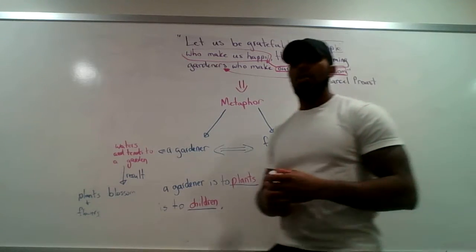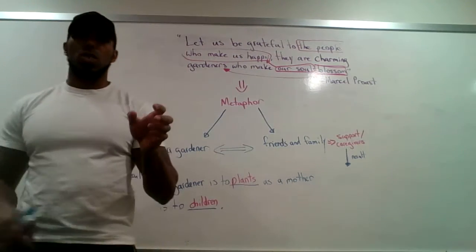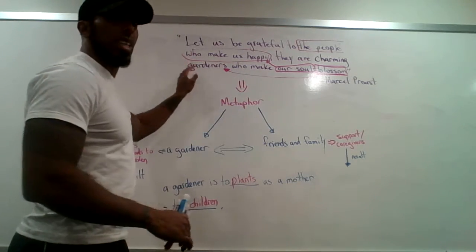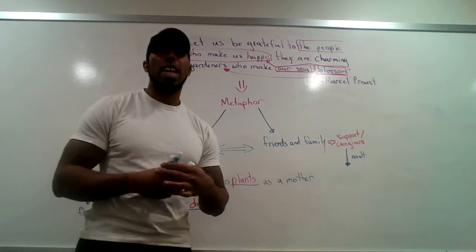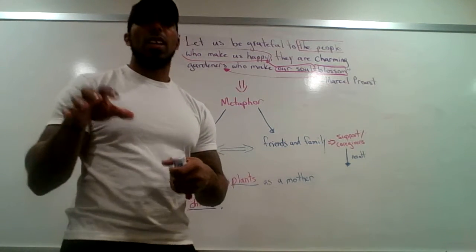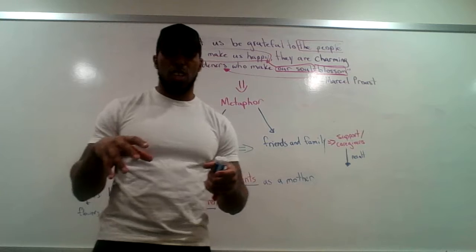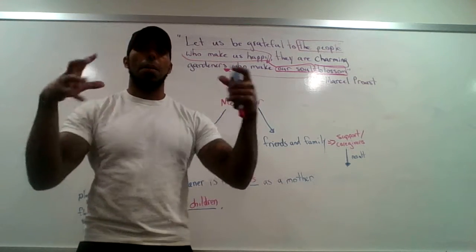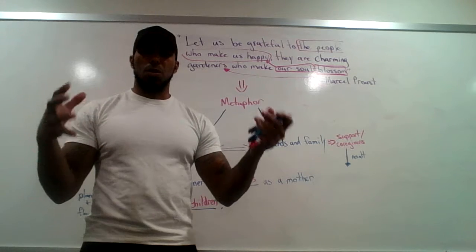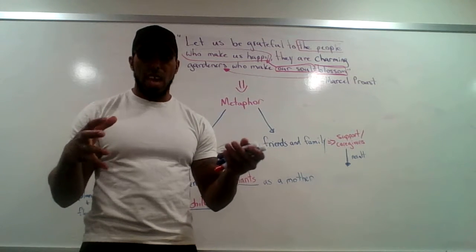Now in Henry Louis Gates Jr.'s essay about the kitchen, it's not as explicit as this. His is more of a hidden metaphor, right? He opens up the story talking about living in West Virginia. Then he talks about being in the kitchen, and how that was a place where his mother did a lot of her friends' hair.